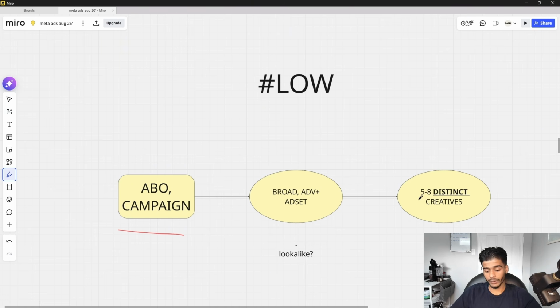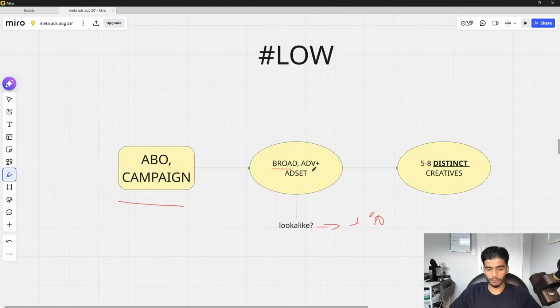They have to be different angles, different concepts, targeting different pain points and such. And if you have a lookalike audience, then go create a 1% lookalike audience for the targeting. That works as well, but broad works more than fine for now because Andromeda is really good.